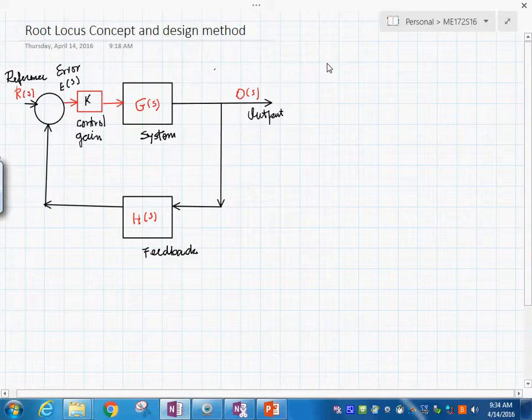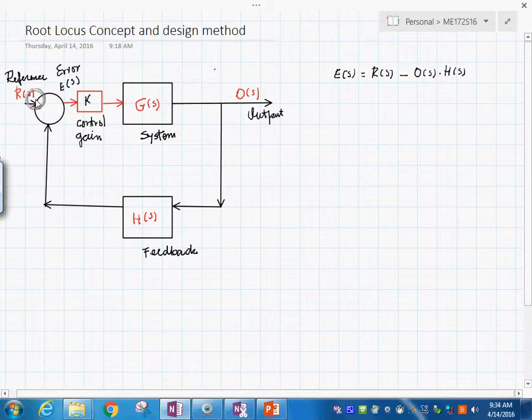you can have the equations like this. Let me just say that the error is equal to the reference minus the output multiplied by the feedback. Do you see? That's how we figured out this error over here.